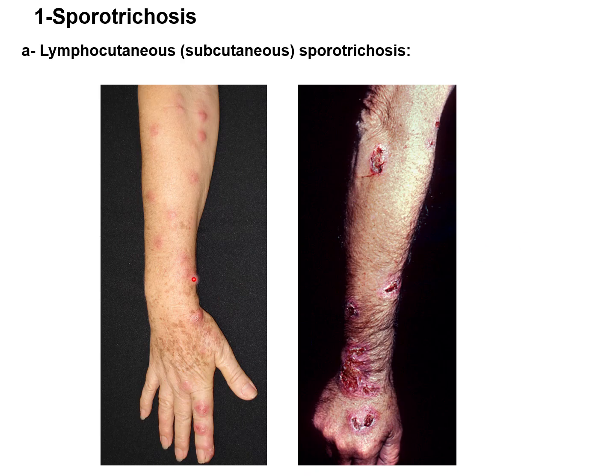So this is what lymphocutaneous sporotrichosis looks like. Like we said, the infection usually starts at the fingers. So in most cases it's the thumb, but in this person's case it was the index finger. And you see that it starts spreading along. These are the nodular abscesses, which are the lymph nodes.